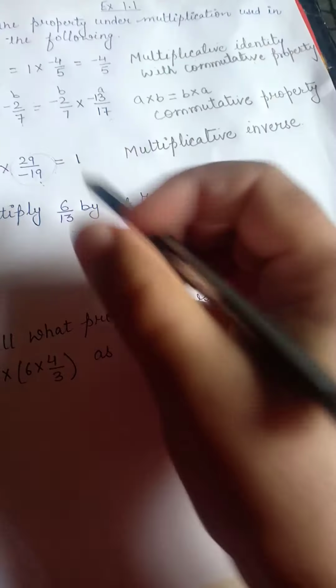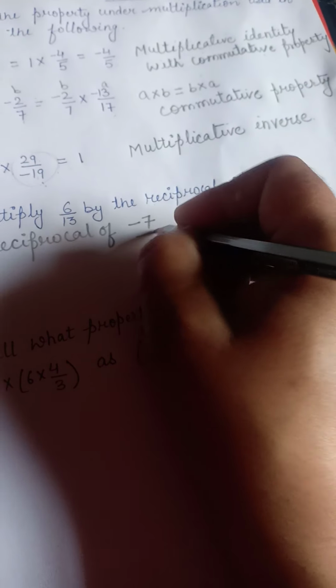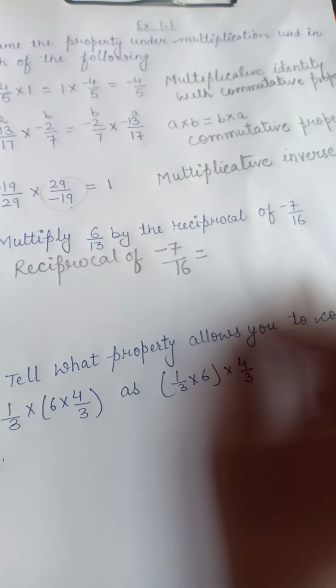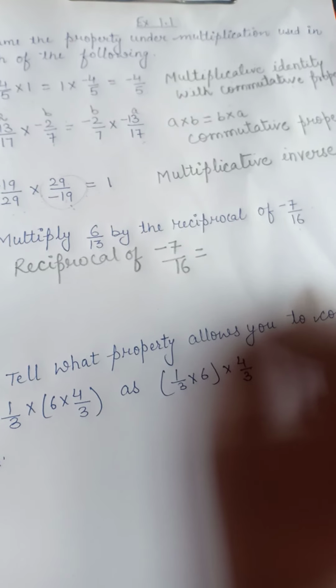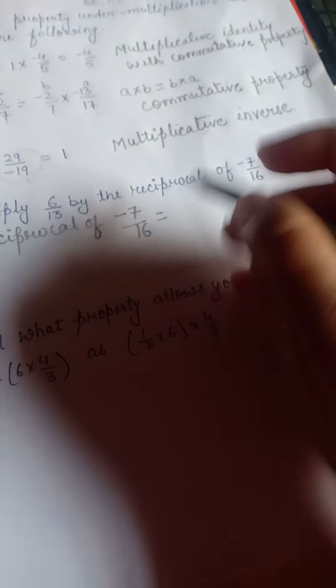So first of all we will find the reciprocal of minus 7 upon 16. Reciprocal means we make the numerator the denominator and the denominator the numerator. So what is the reciprocal of minus 7 upon 16?